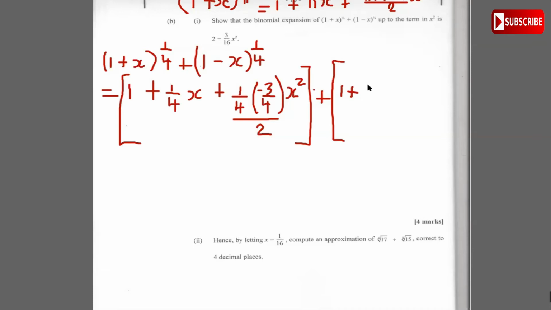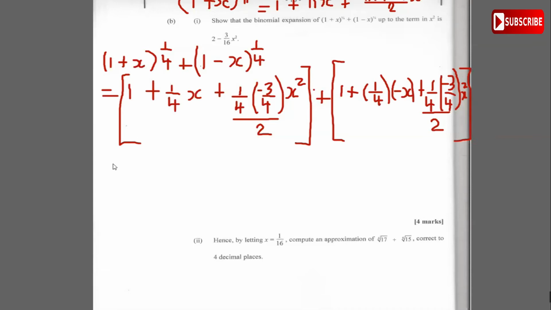So it's going to be 1 plus a quarter times minus x, plus n times (n minus 1), which is a quarter times minus 3 over 4, over 2, times (minus x) squared. But (minus x) squared is just x squared.